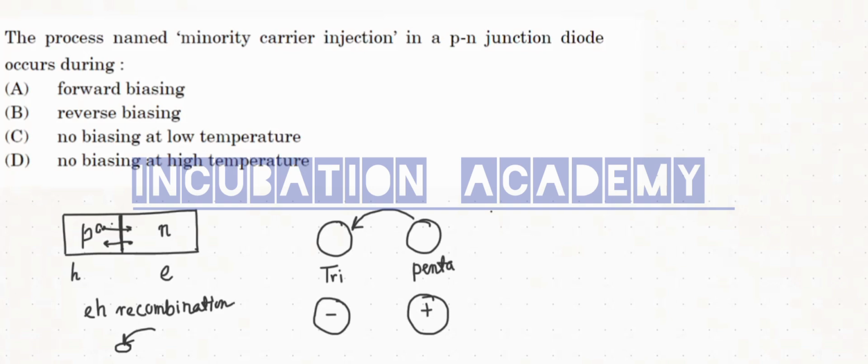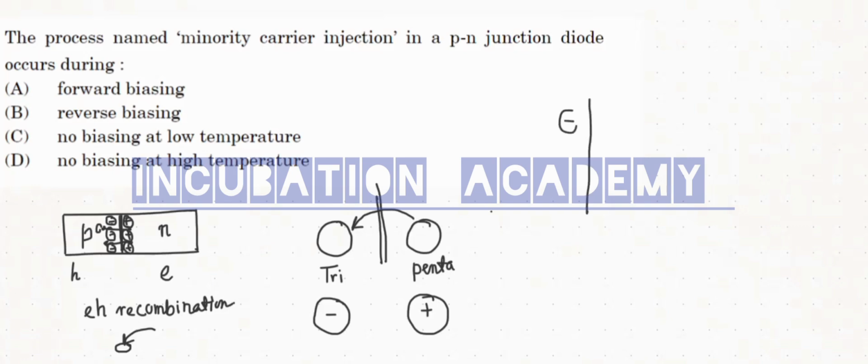So if this is the junction, after the majority carriers pass through it, on the P side of the PN junction we get negatively charged immobile ions, and on the N side we get positively charged immobile ions. Let us draw it a little bigger.